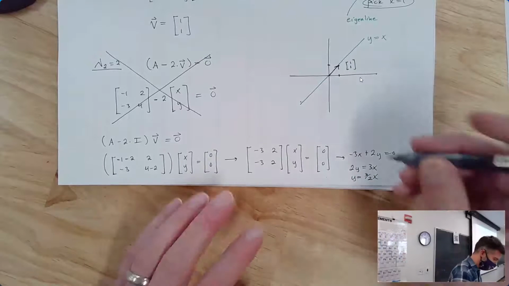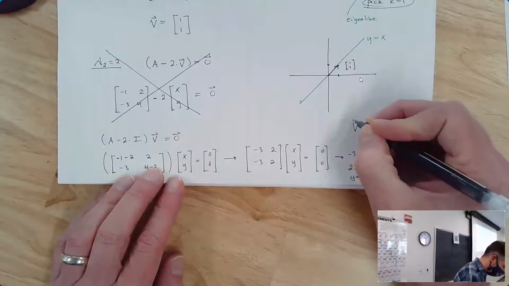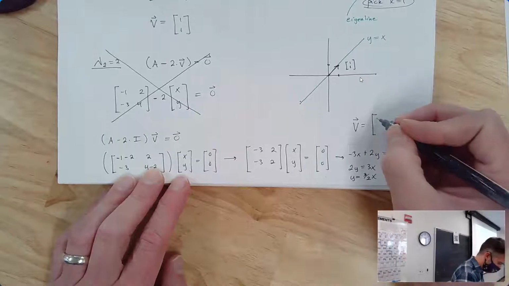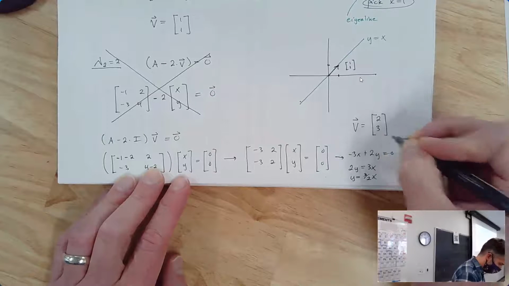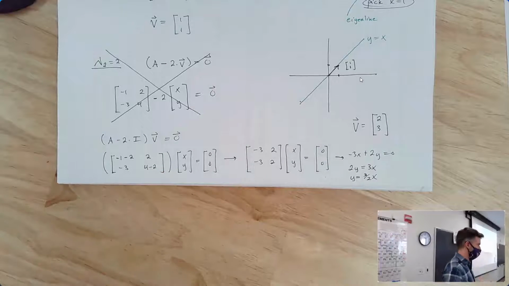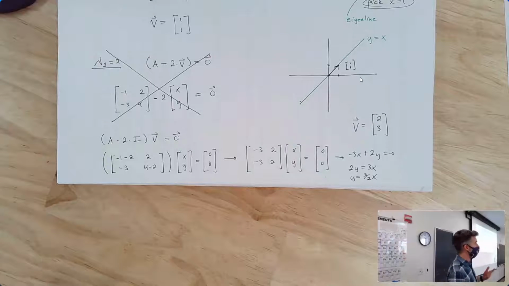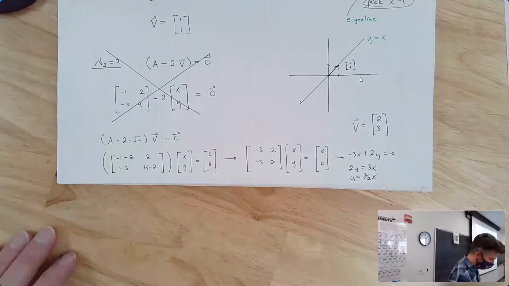And we can say that the vector is 2, 3. That's the choice that's going to have the smallest integer values. You could pick any multiple of that, 4, 6, 1, 3/2, not 0, 0. 0, 0 is never a good choice for an eigenvector, but any other multiple is perfectly fine.